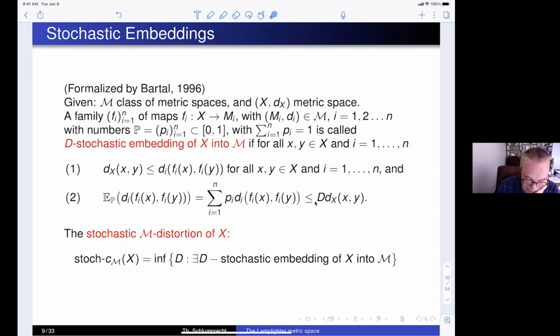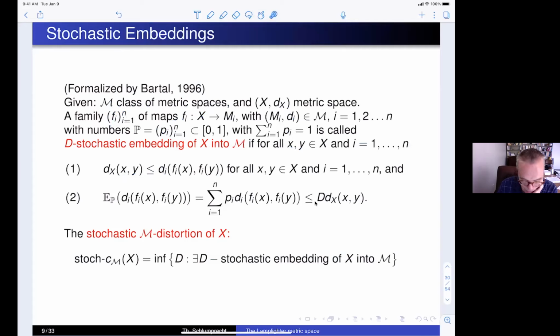Then we say that this family of functions together with this probability is called a D-stochastic embedding of X into M if for all x and y, we have a lower and upper bound. The inverse must be Lipschitz 1, so a deterministic lower bound, but the upper bound is only in expectation.